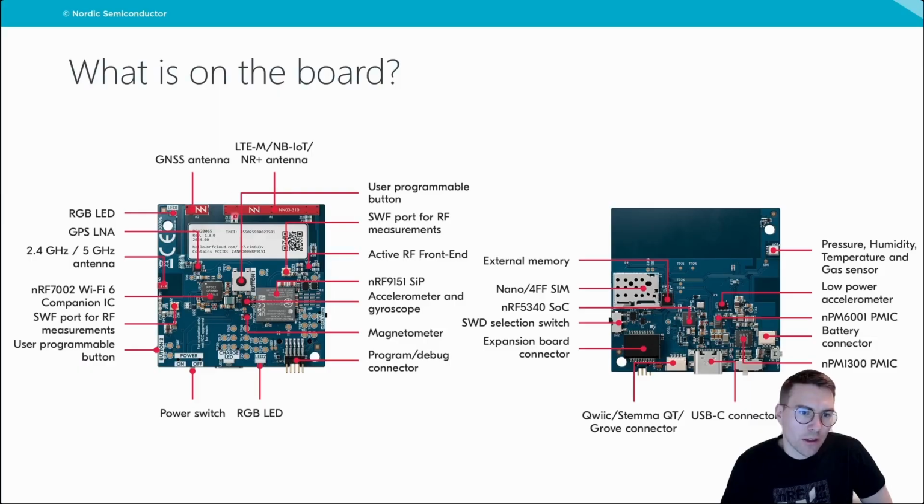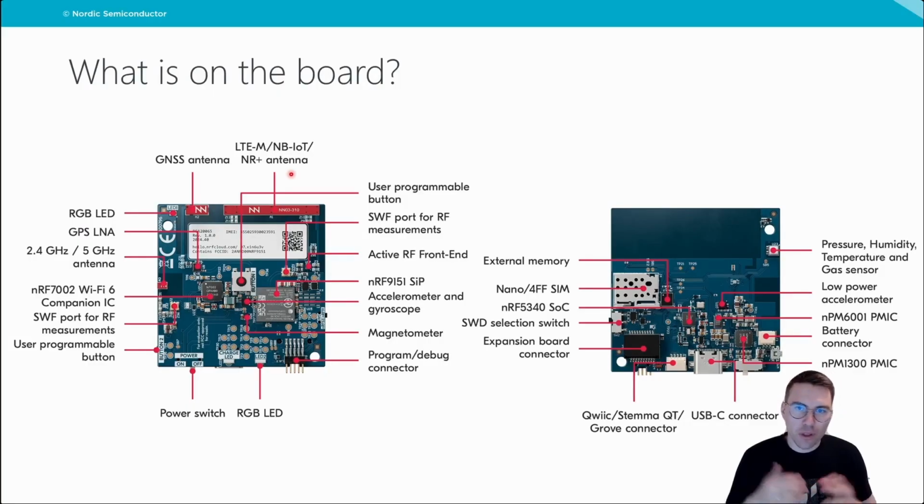Those are Ignion antennas, and on this new revision compared to the old Thingy:91, we have separated the GNSS and LTE-M NB-IoT into two antennas, and that has proven to be very efficient with regards to the quality of the communication, and that also will give you lower power, because if you are in a good environment with a good antenna, the nRF9151 does not need to increase the output power.